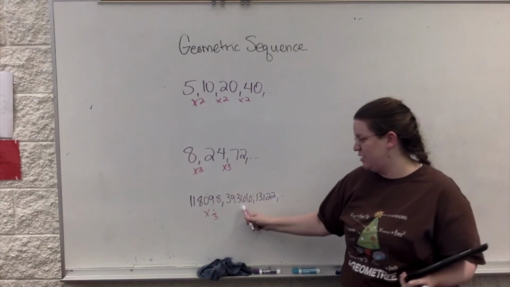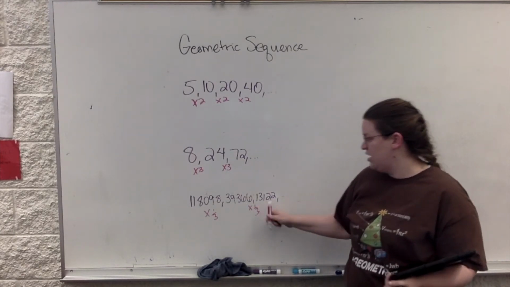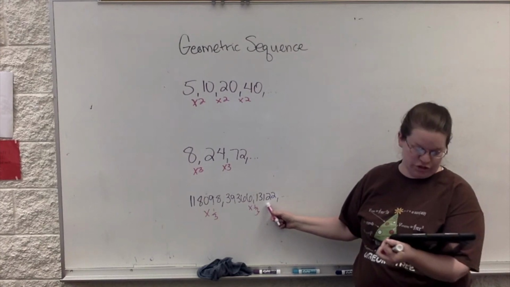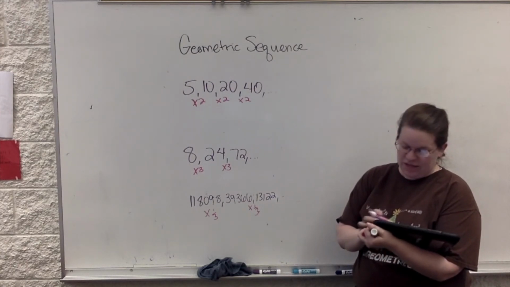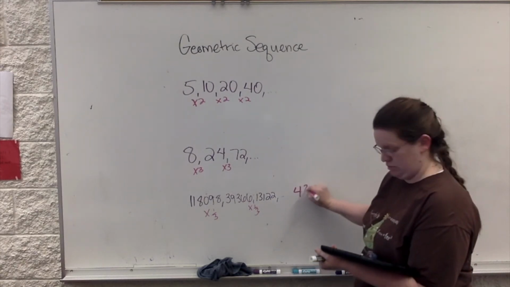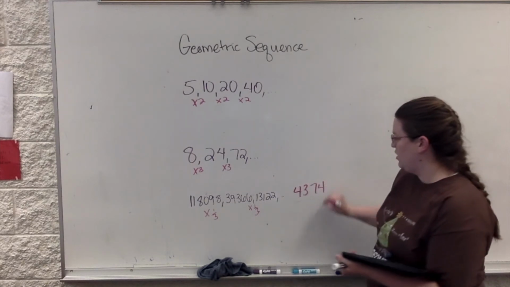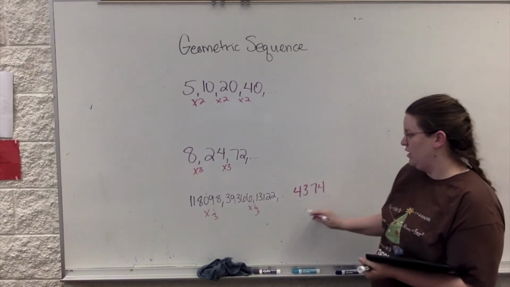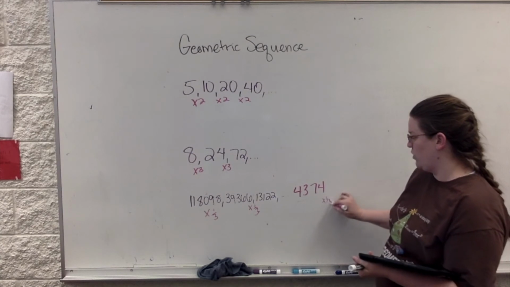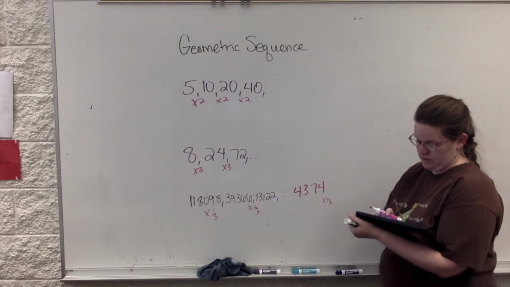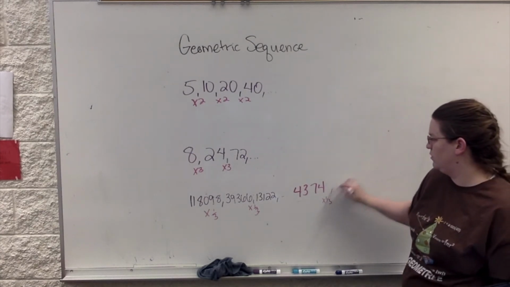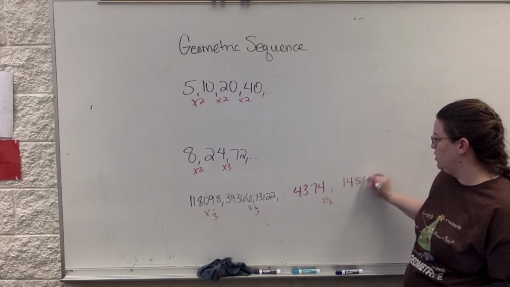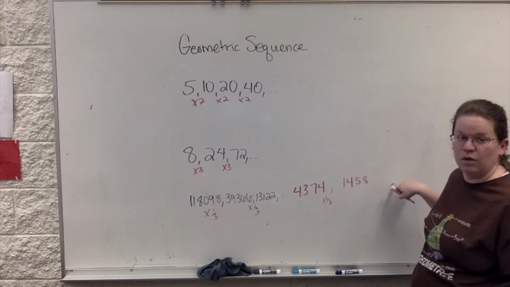And then you take this number times 1/3, and you get this 13,122. So then you take that number times 1/3. You get 4,374. So you take that number times 1/3. And you get 1,458, and so on.